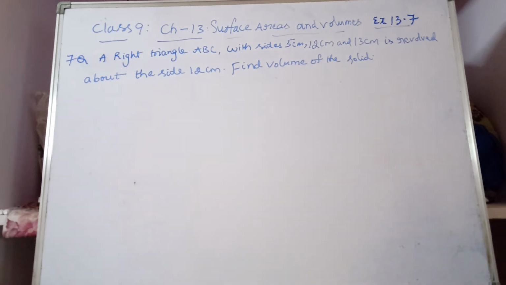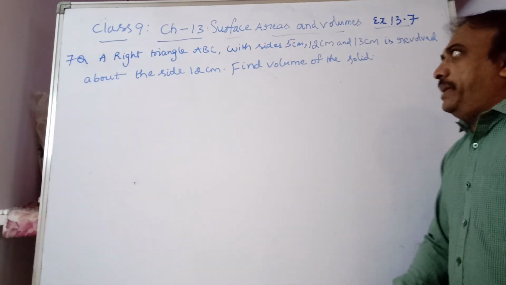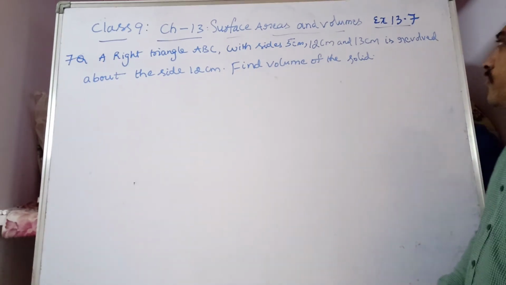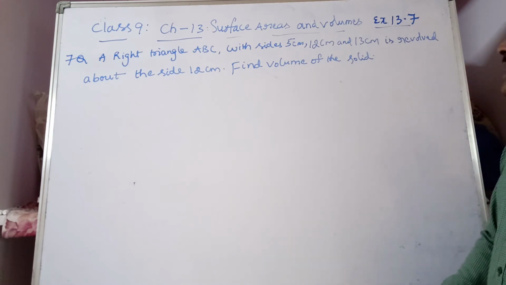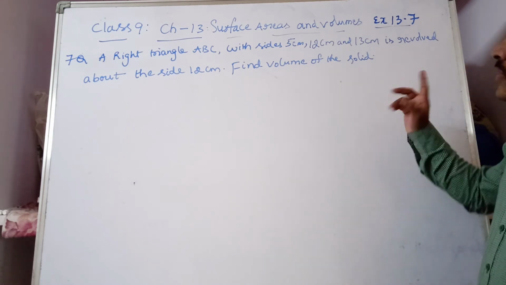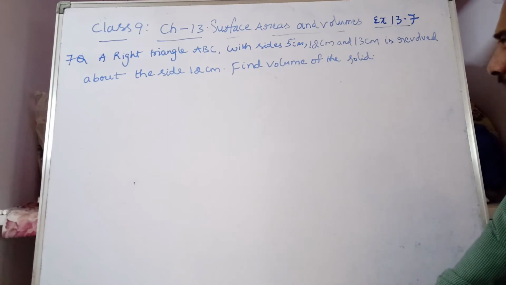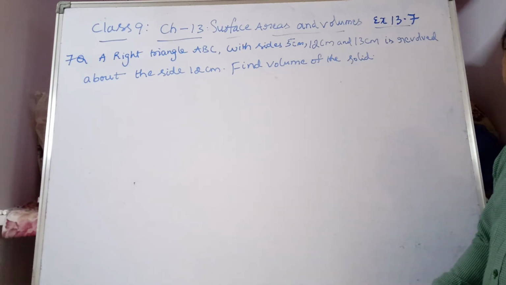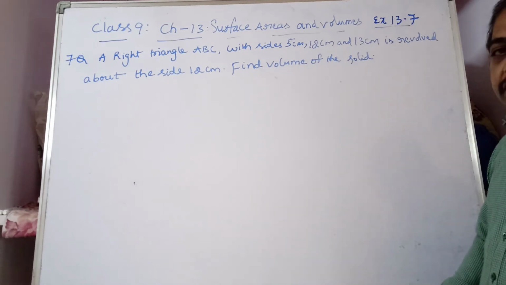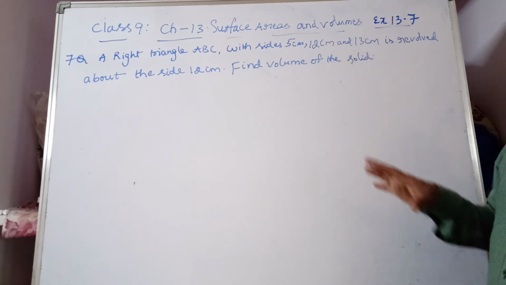Now question number 7. A right triangle ABC with sides 5 cm, 12 cm and 13 cm is revolved about the side 12 cm. Find the volume of the solid. We need to find the volume of the solid, but the given figure is a triangle.